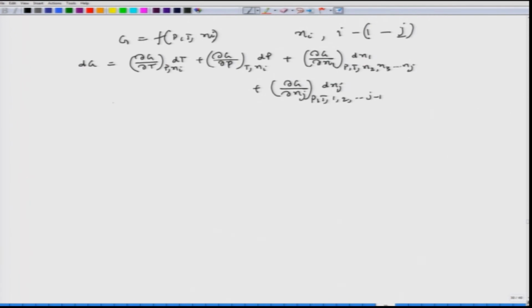So, now if we fix P and T, then we get del G equal to, so this term goes to 0 if we fix P and T, this term goes to 0, so this is also 0.